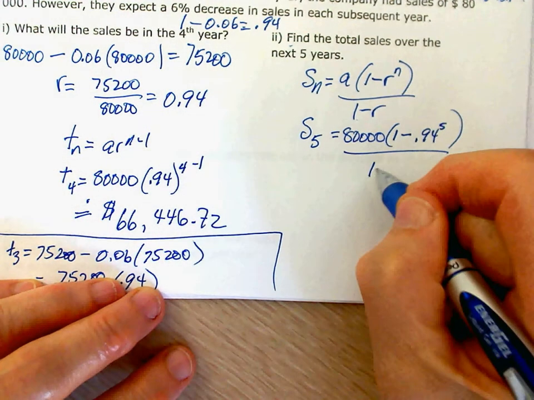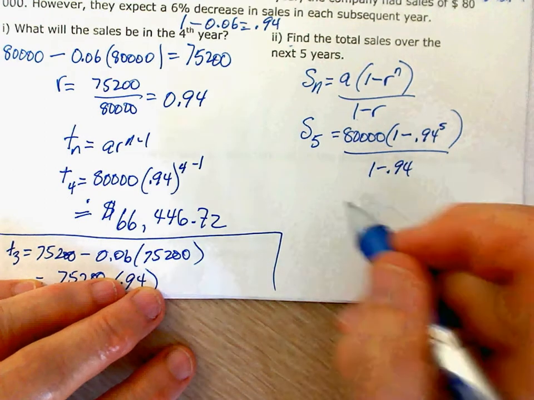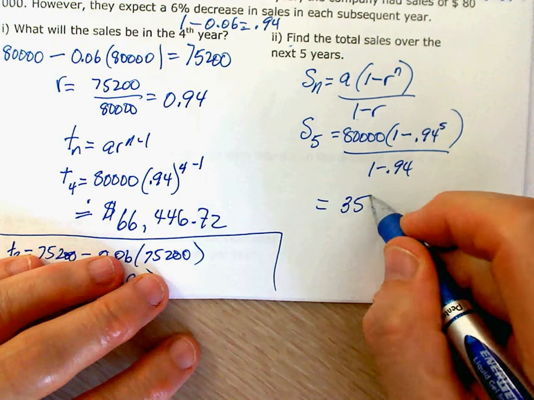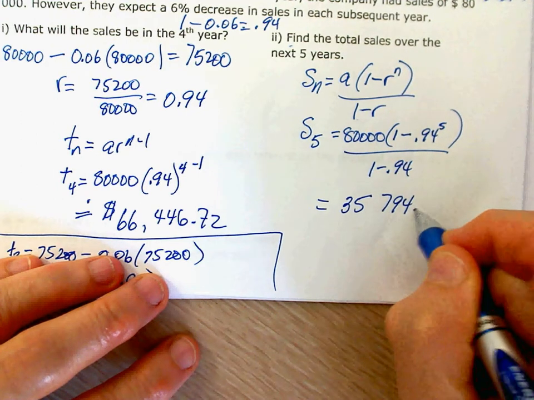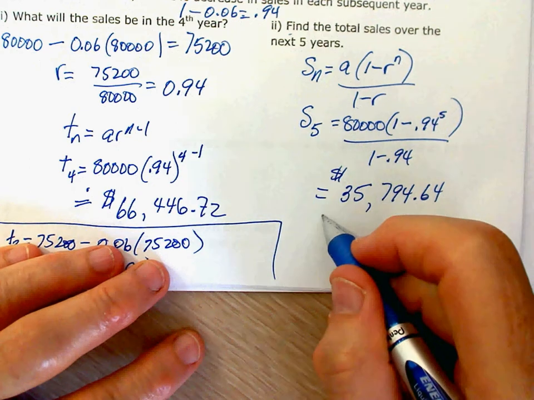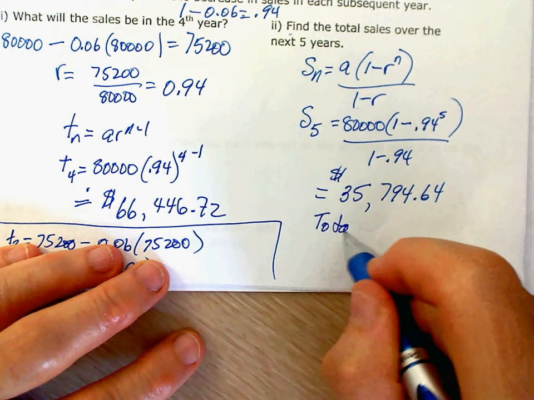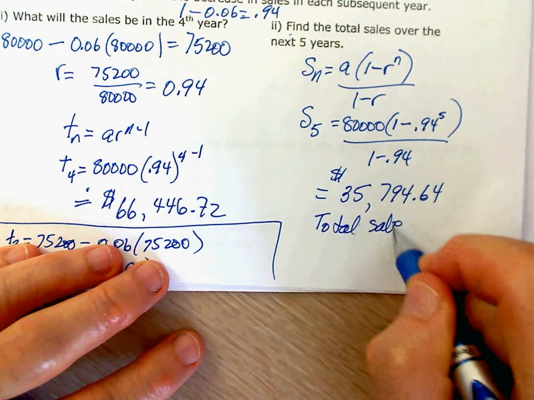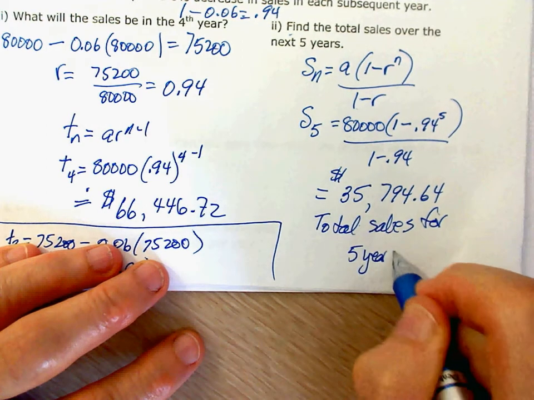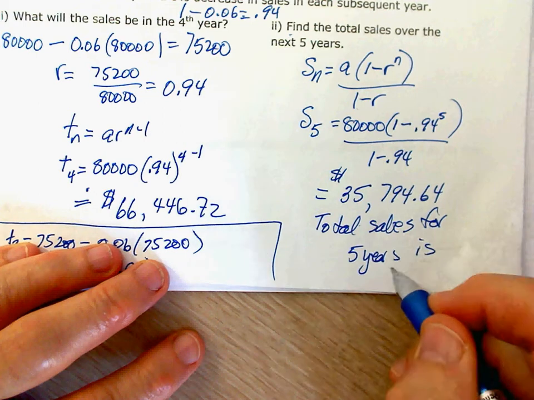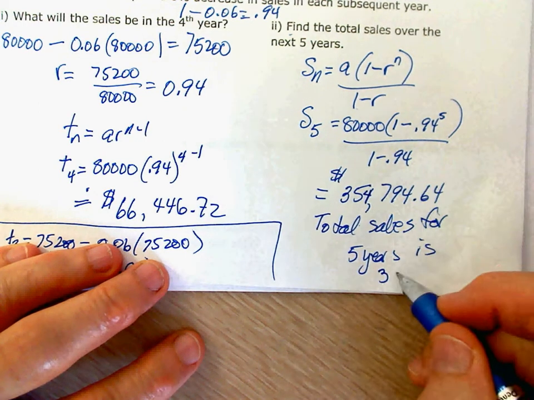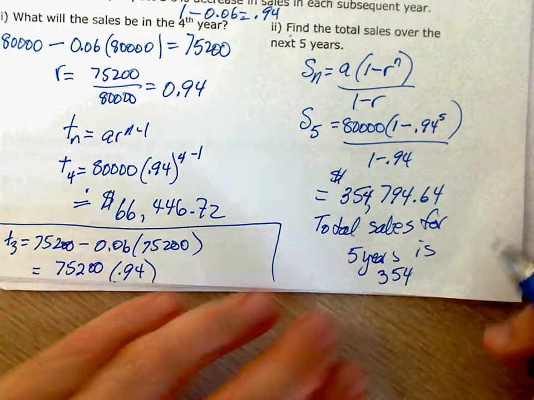And that is equal to 354,794.64. Total sales for 5 years is 354,794.64.